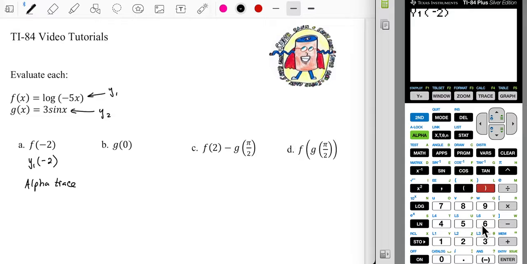Once you do that and hit enter, it will evaluate the function log of negative 5x, where x is equal to negative 2. So it's going to find the log of 10. Log base 10 of 10 should be equal to 1. So let's see. And there it is. Very good.